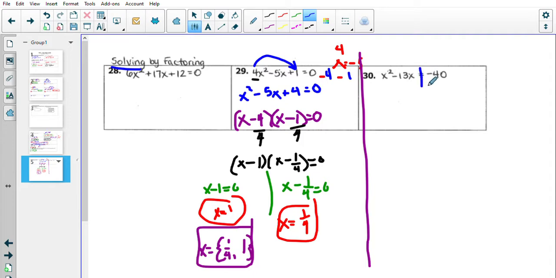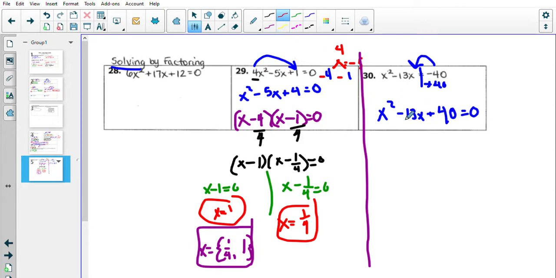So we need to move that -40 over to the other side by adding it. So we're going to add 40 onto both sides. That gives us x squared minus 13x plus 40, and now it's set equal to 0.